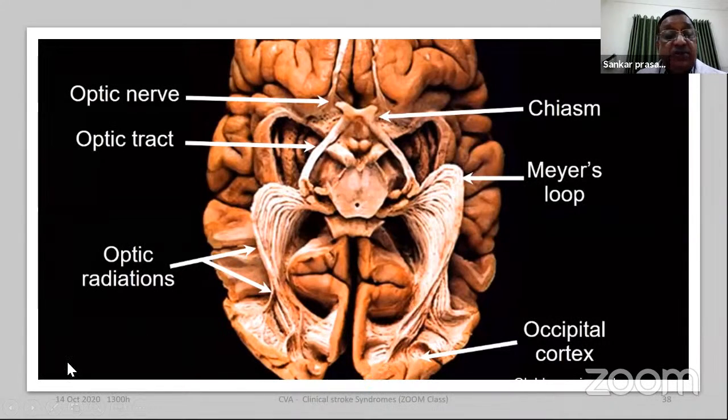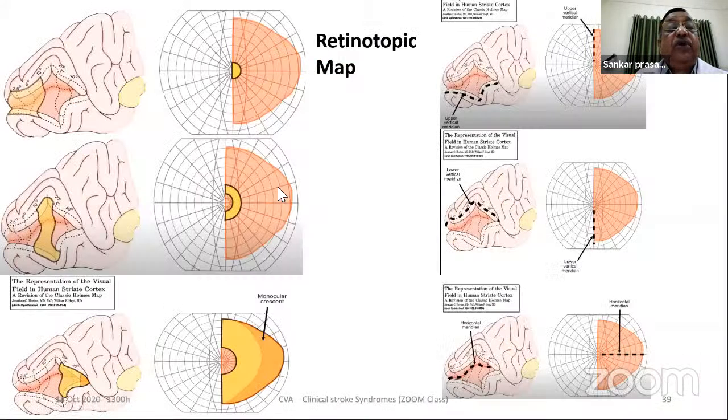And you know the function of this. You have already understood that the retinotopic map is such that the central part of the central vision is hugely magnified in the striate cortex. This is the medial aspect of the occipital lobe. The central region you see is so much represented here.